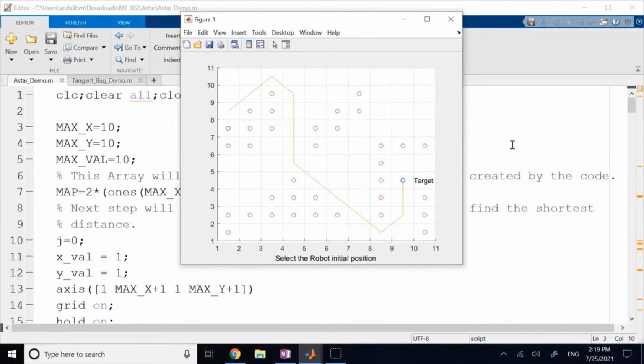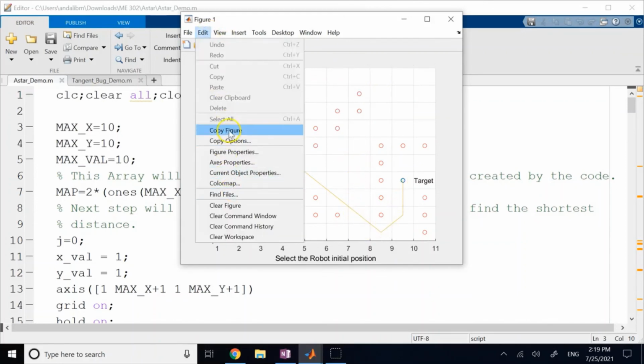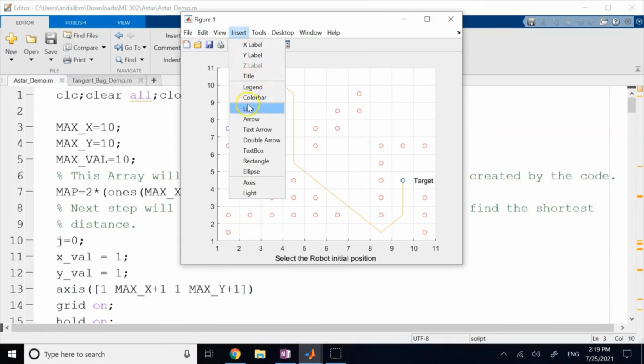You see? So it works just fine, and it definitely finds the shortest path. So here it could go this way and then wander around and come all the way here, right? If I did that, let's see if I can insert lines for you.